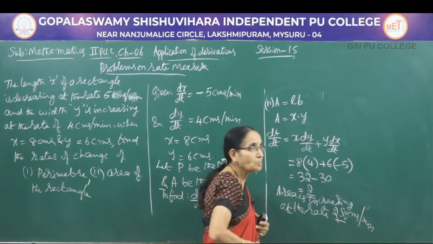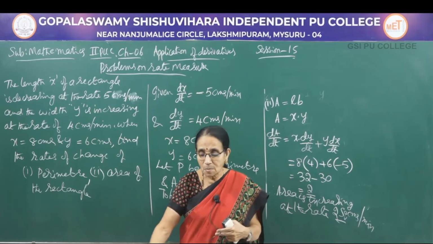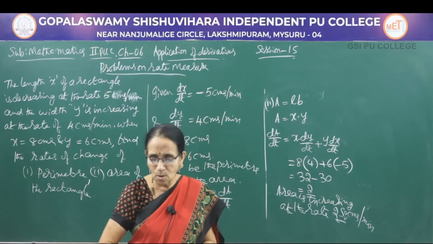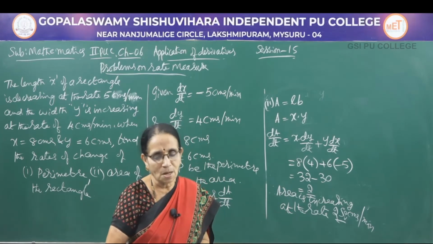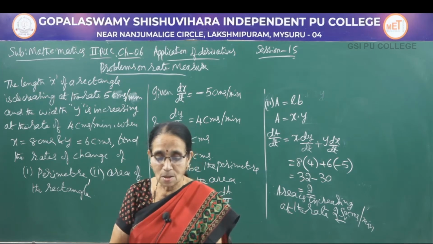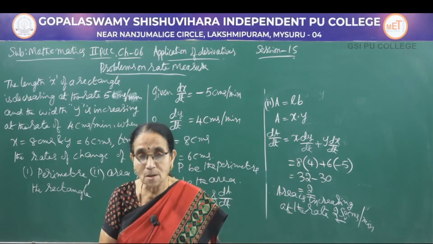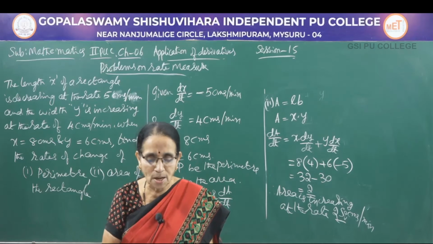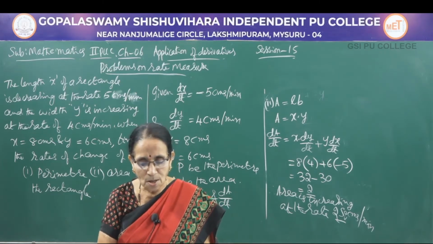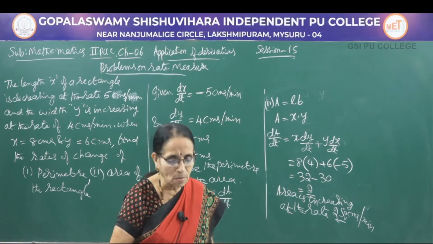Or, as I told you in the previous session, you can write centimeter square also. Even that way we can express it. So, depending upon the geometrical figure that is given, you have to consider the appropriate formula, and according to that we have to calculate.